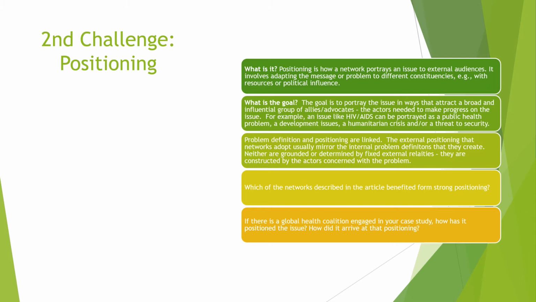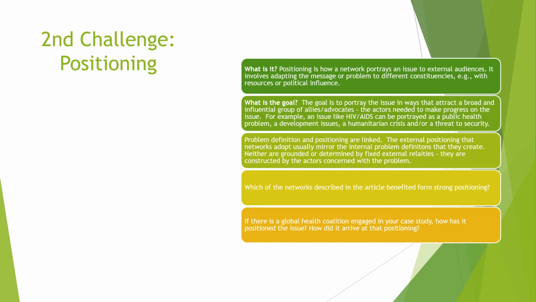For most global health issues, there is no correct definition or wrong definition or correct or wrong positioning. There is strategic positioning and a definition that strikes the right balance with being specific enough to get the right attention and broad enough to make sure it's understood.